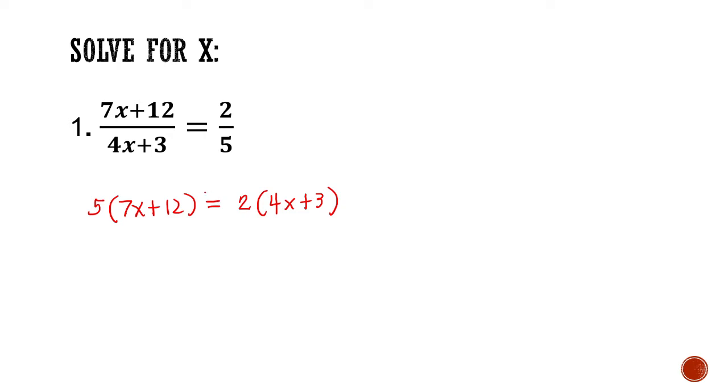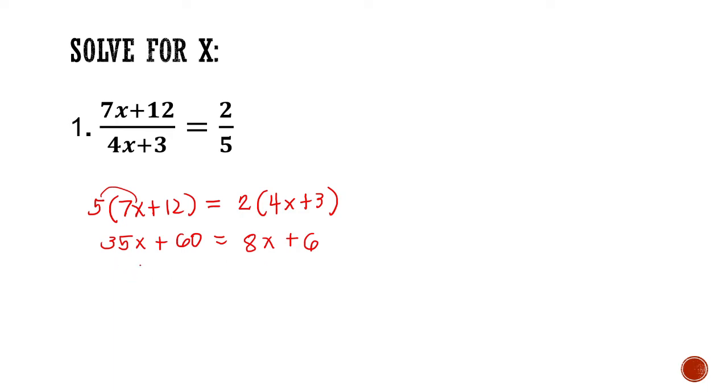So the next thing we're going to do is to simplify the equation. We distribute. Okay, so after distributing, we segregate the terms. We put all those numbers with variables on one side and those constants on the other side.